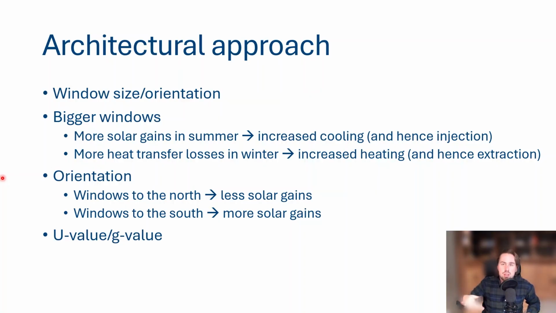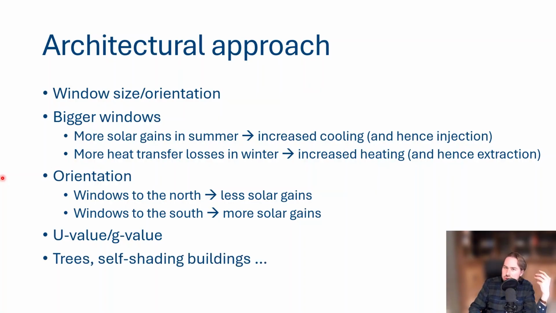What is also important as an architect is to think about the U value, not only of windows but of the whole building in general. How well is the building insulated? This has an effect on your heating and cooling demand. The G value of your windows determines how much sunlight penetrates, also contributing to both heating and cooling demand.